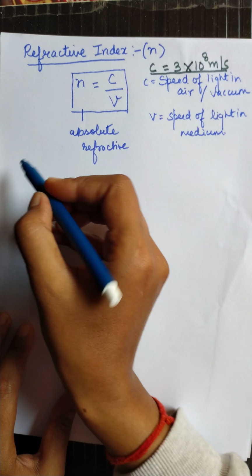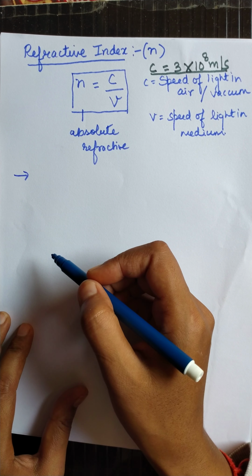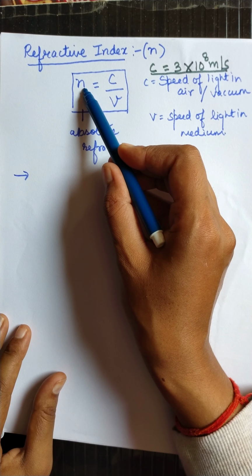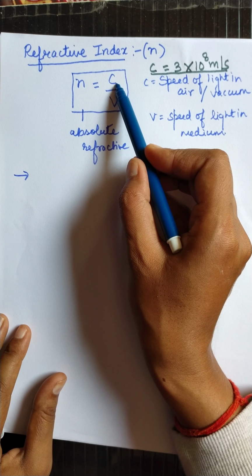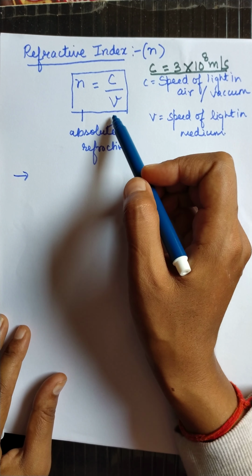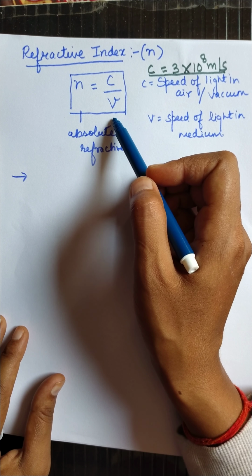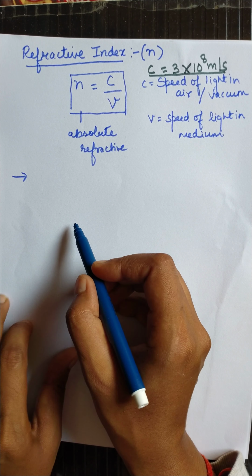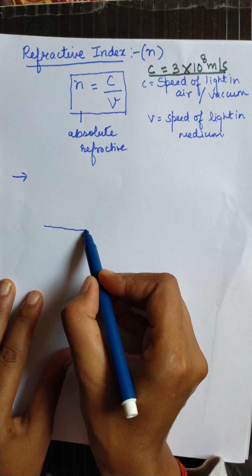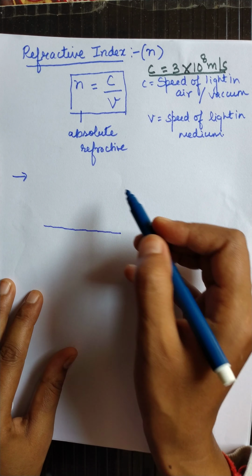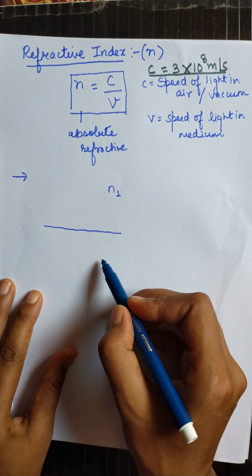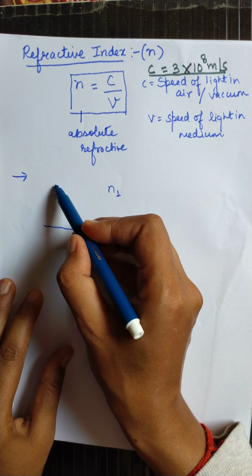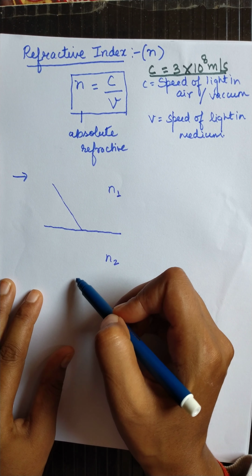Now students, for the relative refractive index, what happens? You have to remember n is the refractive index, C is the speed of light in air or vacuum, and V is the speed of light in medium. Suppose there are two mediums, and the refractive index of the first medium is n1, and of the second medium is n2. Suppose a light ray moves from one medium to the next.